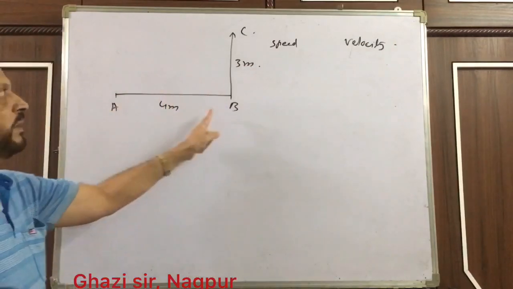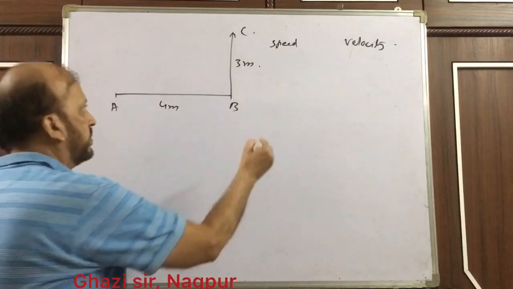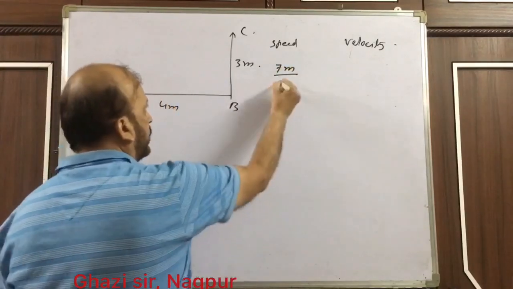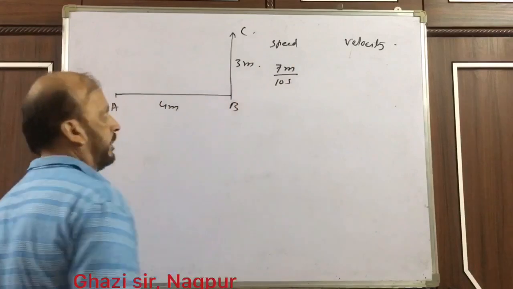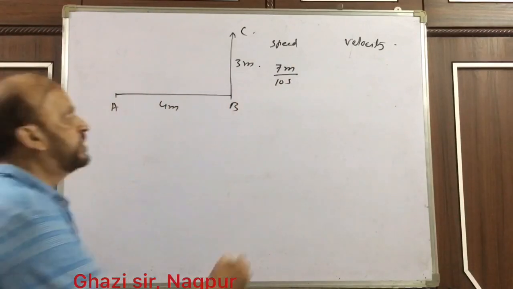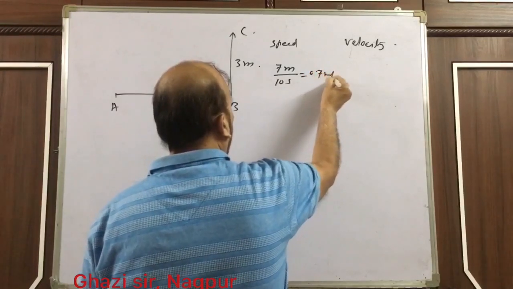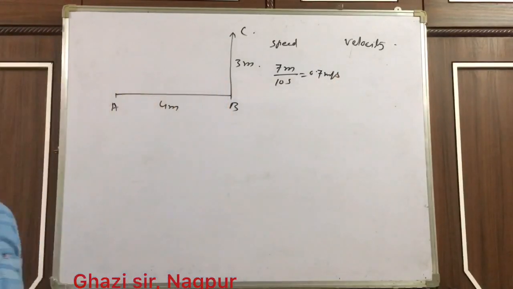A to B, B to C, the path length was 7 meter and the time taken is 10 seconds. So the speed is 0.7 meter per second.